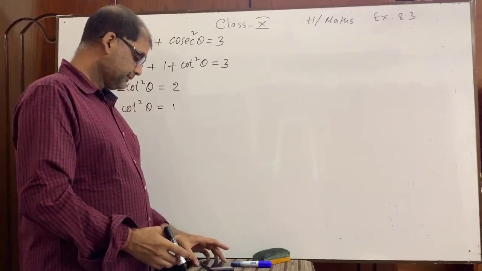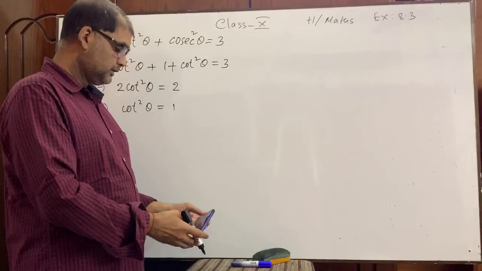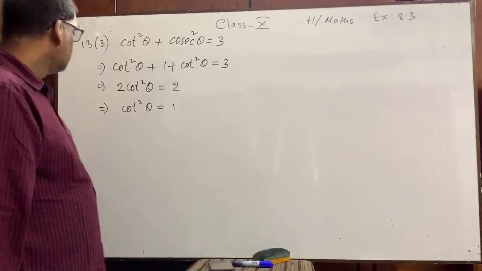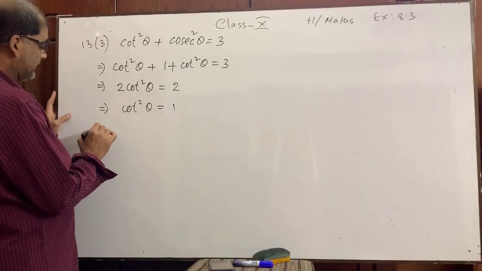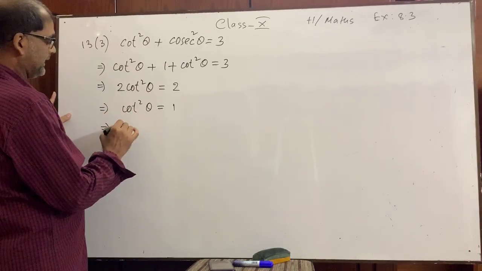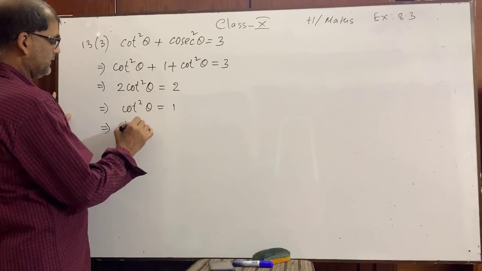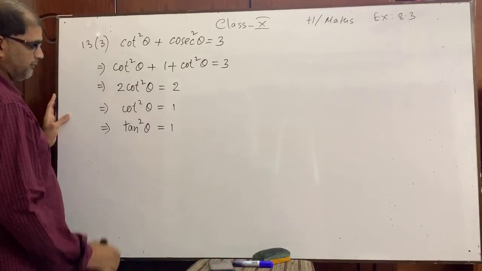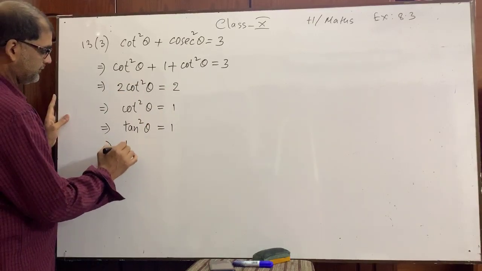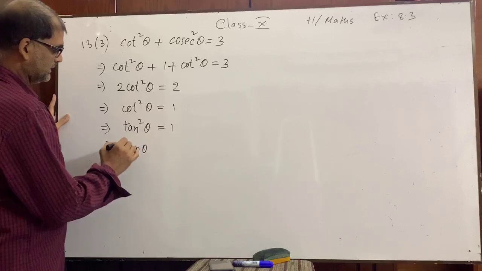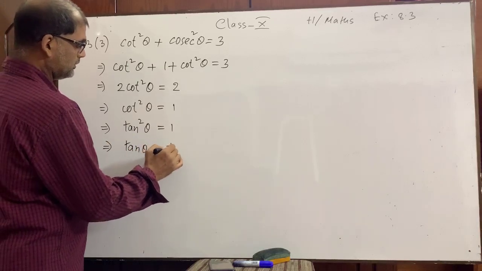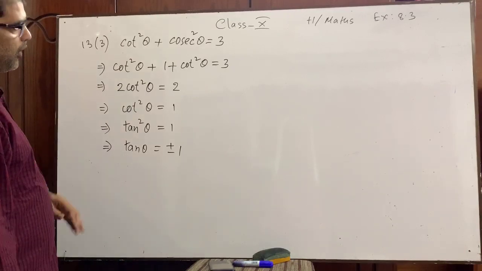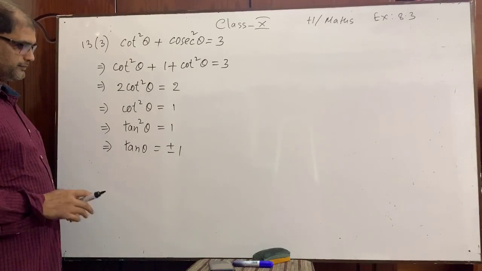Now, okay, we get from here, we can write tan square theta equals 1. That means tan theta equals plus minus 1. Okay.